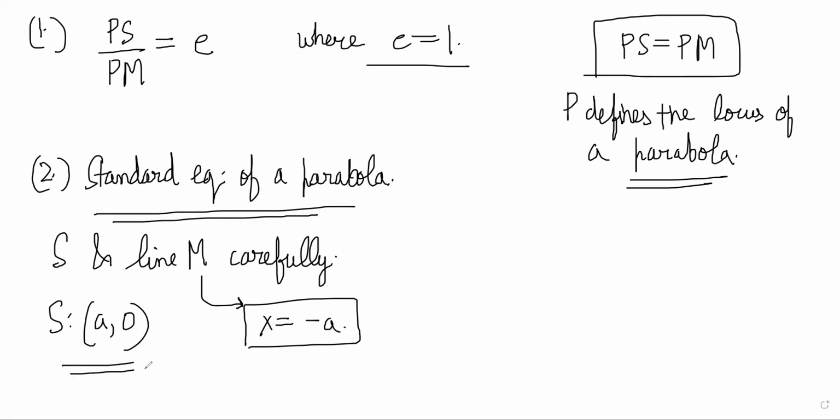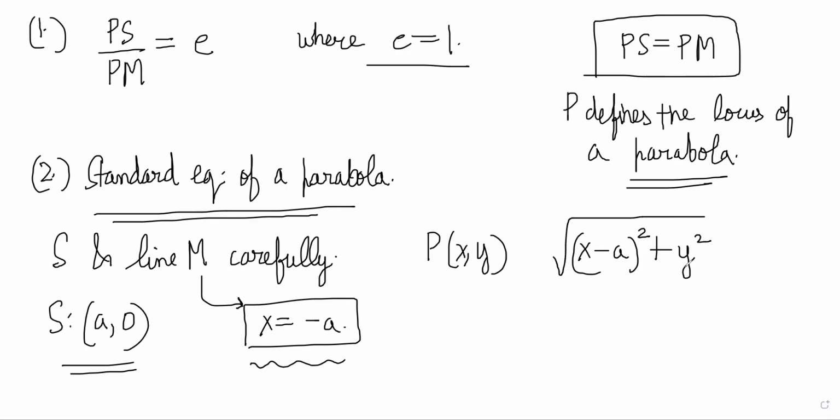If you choose this situation, then what is PS? P is the point (x, y). So PS would be the square root of (x minus a) whole square plus y square, and PS is equal to PM. PM is the distance of this point to this line, right?